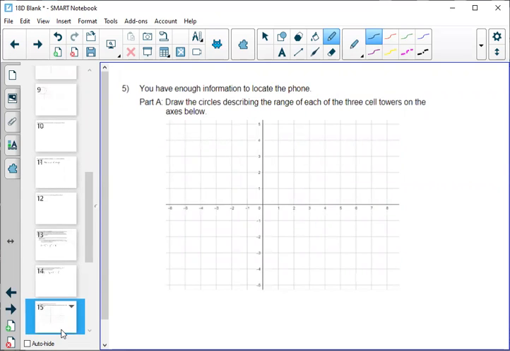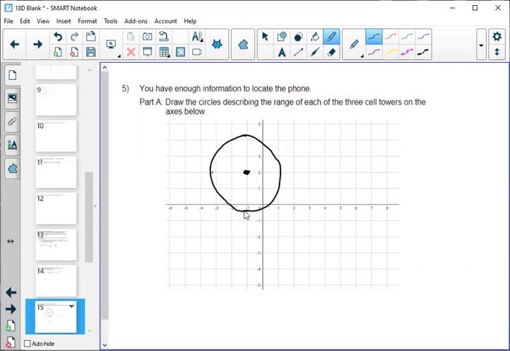Number 5, you have enough information to locate the phone. Part A says draw the circles describing the range of each of these 3 cell towers on the axes below. Well, if we draw one at the center (-1, 2), and we draw this again. So there's one circle. And then let's draw another circle.